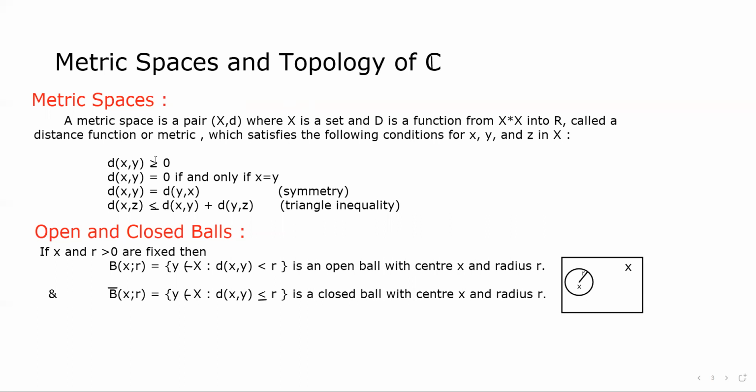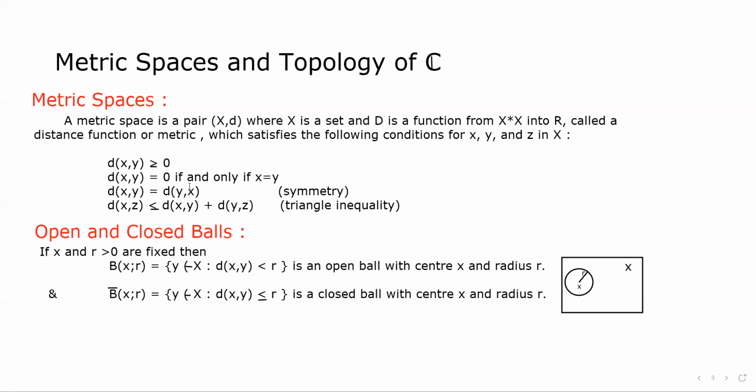Second, d(x,y) is equal to 0 if and only if x is equal to y. Third one is d(x,y) is equal to d(y,x), which is a symmetry property. And fourth one is d(x,z) is less than or equal to d(x,y) plus d(y,z), which we know is a triangular inequality. Okay, so this is metric space.